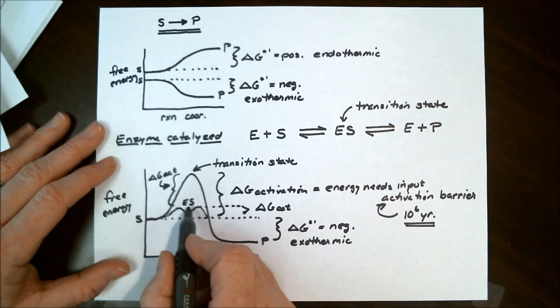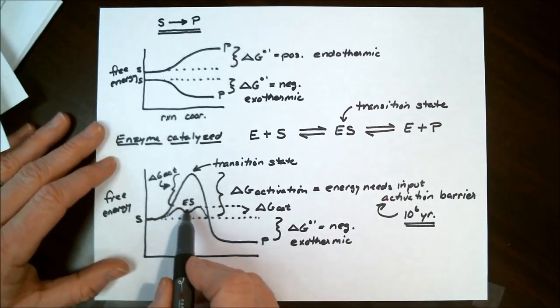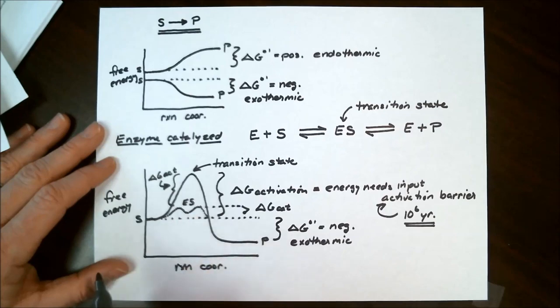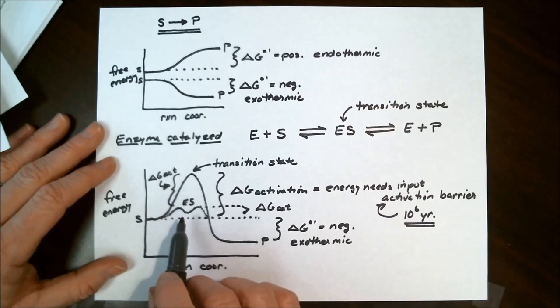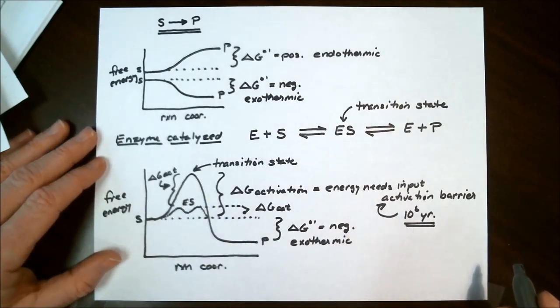And so we can place the ES complex, enzyme substrate complex, in this trough. And that will represent the free energy change between the substrate and enzyme substrate complex. Now this reaction is going to move much faster because we've essentially eliminated the activation barrier.